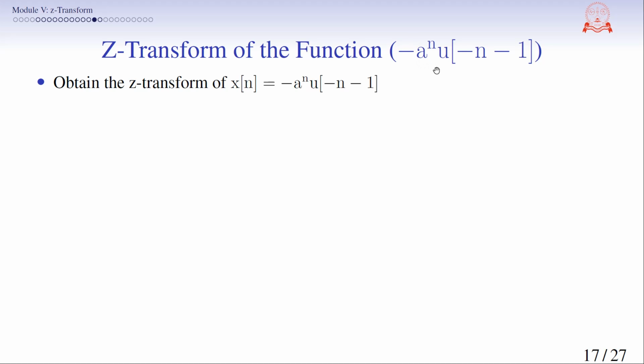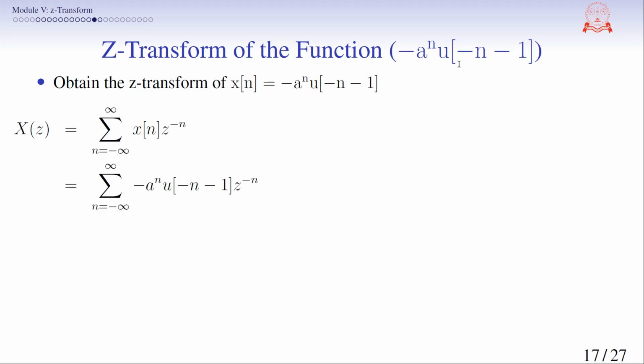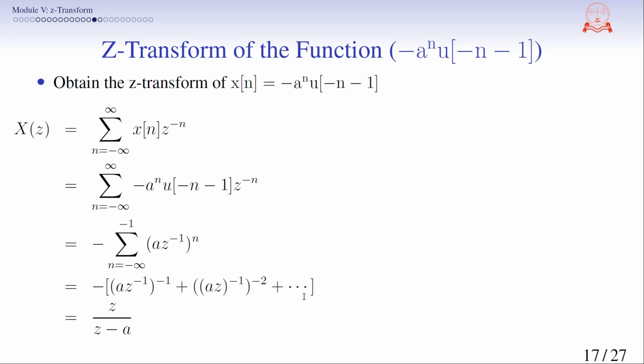Next is minus a raised to n u of minus n minus 1. This is a general expression. I am substituting my signal x of n as minus a raised to n u of minus n minus 1. So a z raised to minus 1 raised to n. The limit of n will be from minus infinity to minus 1, that is minus of a z raised to minus 1 the whole raised to minus 1 plus a z raised to minus 1 the whole raised to minus 2 plus etc., and z divided by z minus a will be my x of z for this sequence.